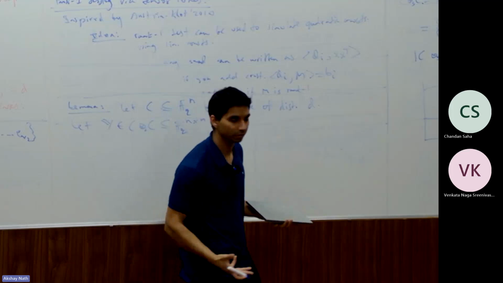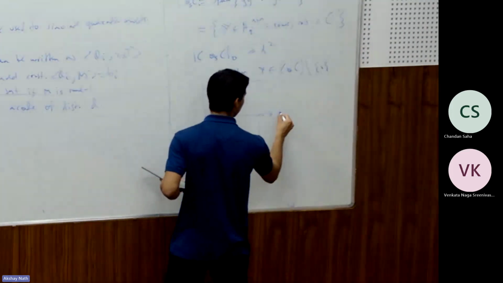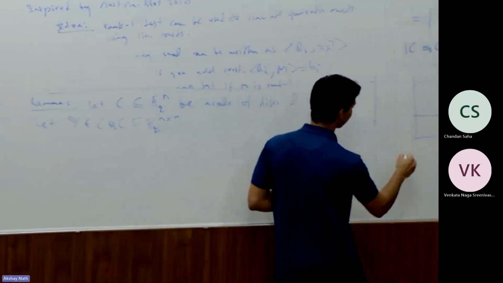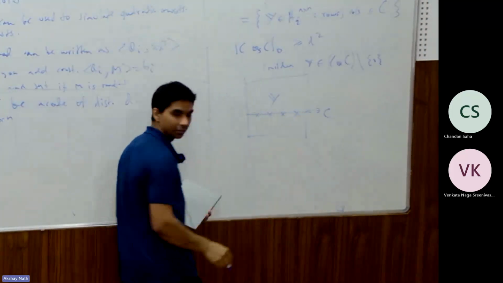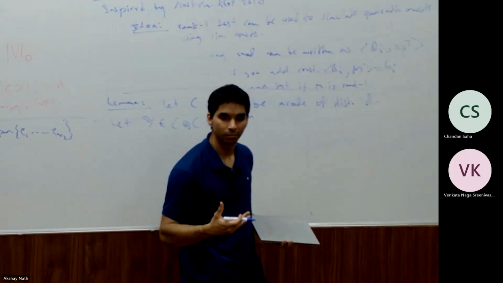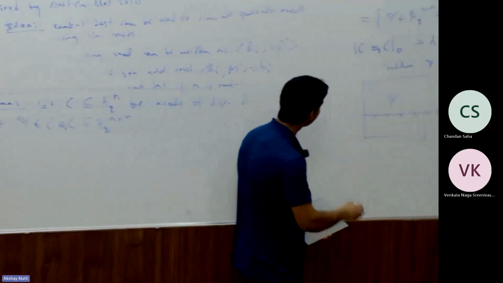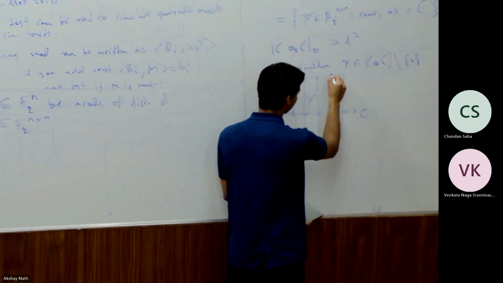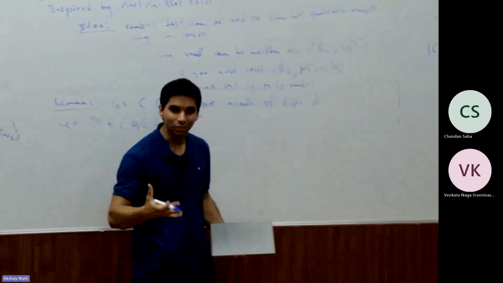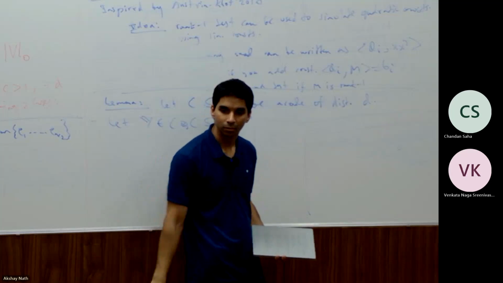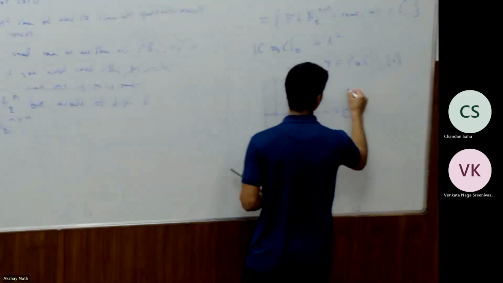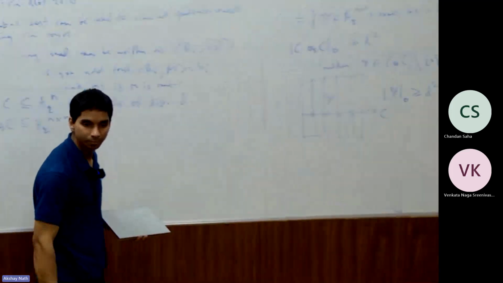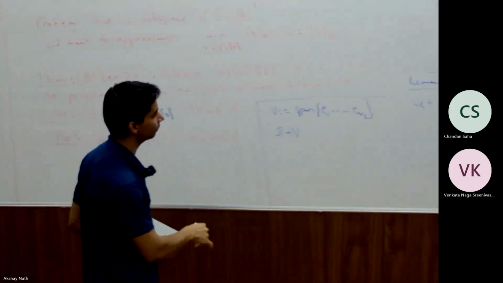But that row belongs to C, so by the coding property of C, that row has at least d non-zero entries. But then these columns are also non-zero, because they each have at least one non-zero entry, and each of them must have d non-zero entries. So the sparsity of Y is at least d squared.